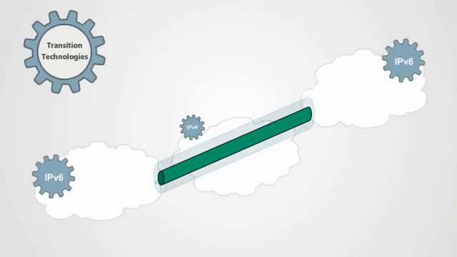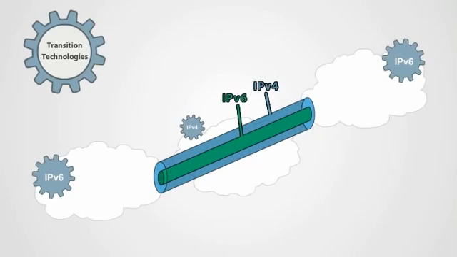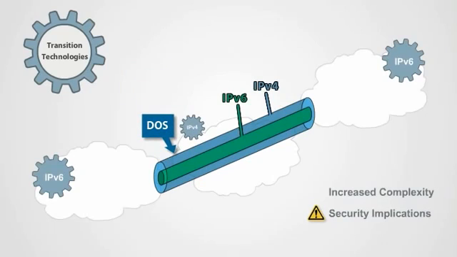This is achieved with the tunneling paradigm, in which one network protocol is encapsulated within another. While this functionality is valuable, it increases complexity with consequent security implications. For example, tunnels may introduce denial-of-service attack vectors and may prevent network security devices from enforcing the same security controls that they can readily enforce on non-tunneled traffic.